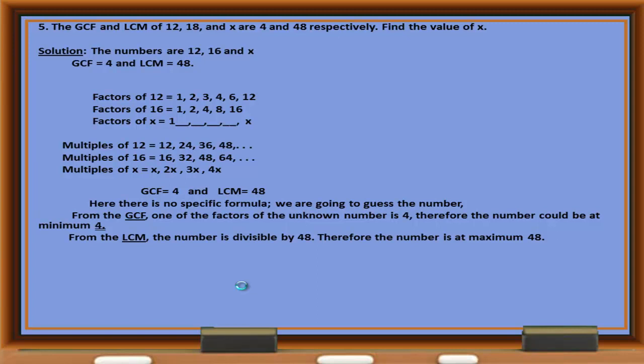I hope the explanation is clear. As we have said, from the GCF, one of the factors of the unknown number is 4 here. We guess here should be 4 since the GCF is 4. Therefore, at minimum, the number could be 4.